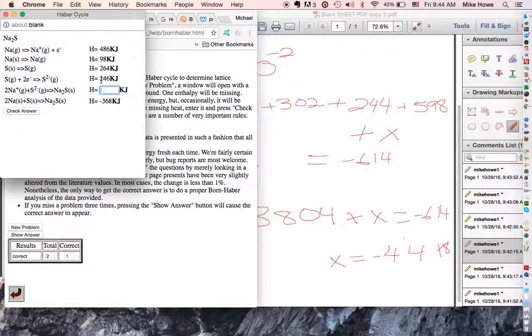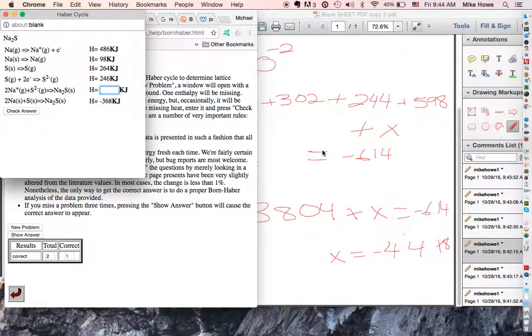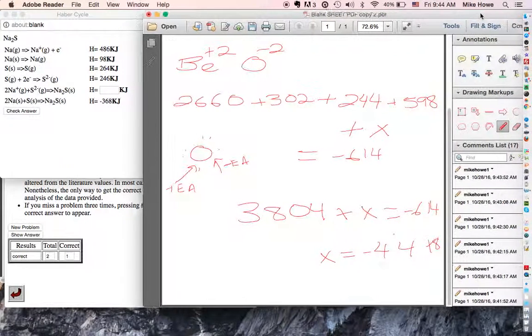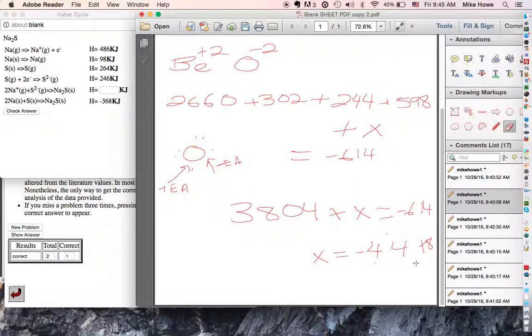Now this one, let's see if I can just select everything over here. Probably can't. So we'll just erase a little bit.